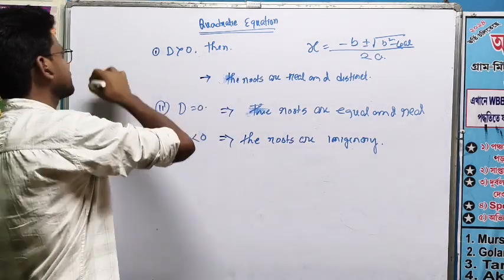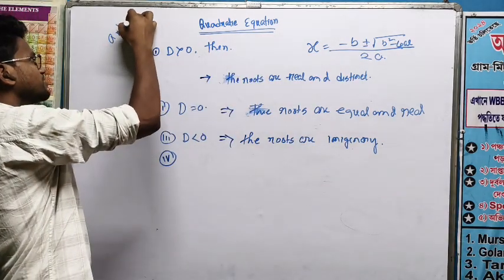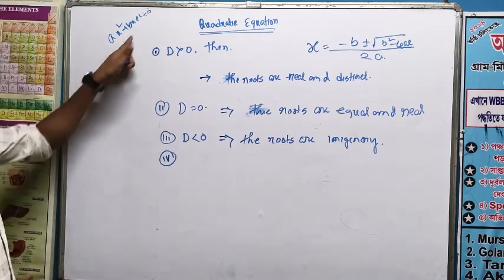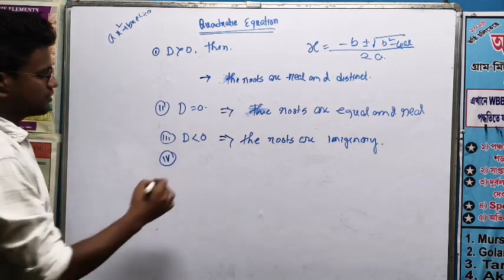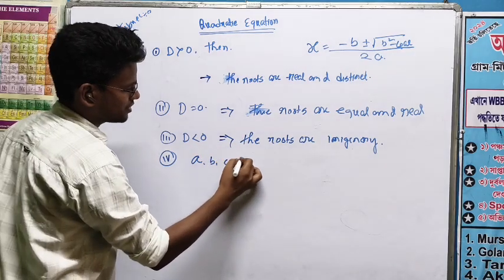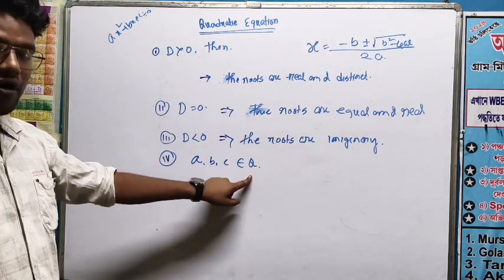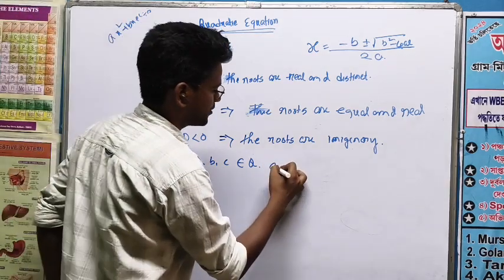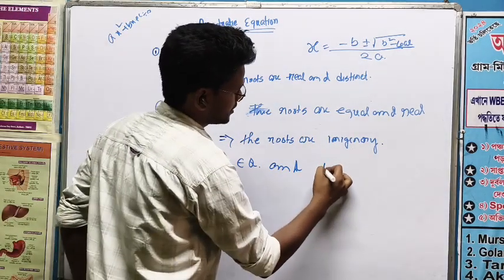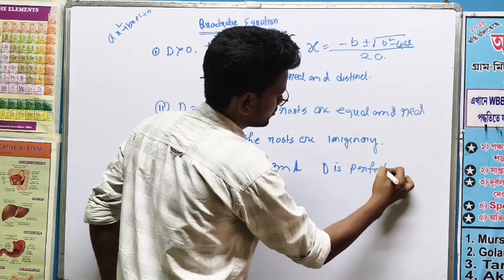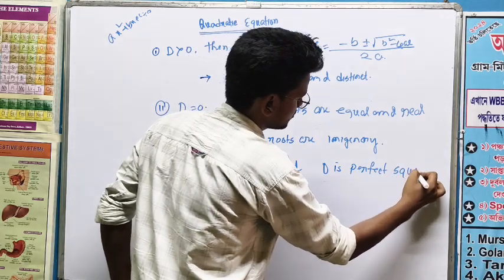And fourth is the coefficients of ax square plus bx plus c equals 0. This is the quadratic equation. All the coefficients a, b, c belong to rational numbers, that means a, b, c are all rational numbers, and D is a perfect square.